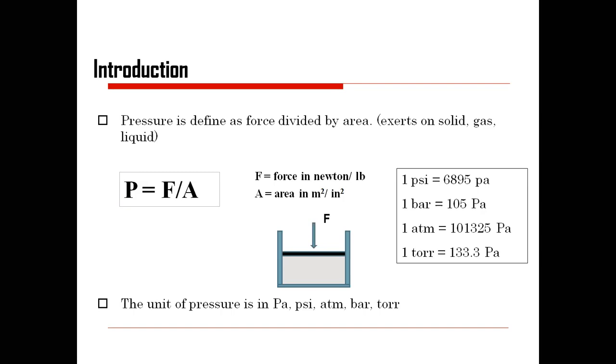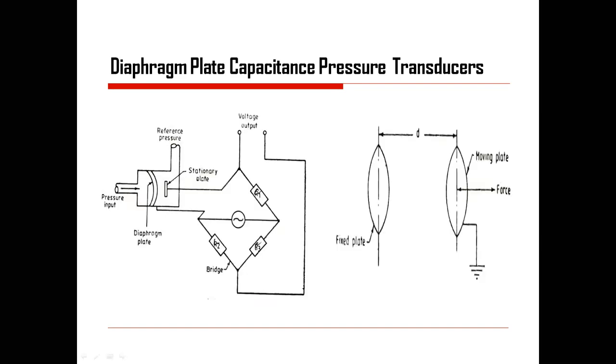As I have already elaborated, pressure can be exerted on solids, liquids, and also gases. You are supposed to remember this aspect, because the similar principle is going to be used in all types of pressure measuring devices.